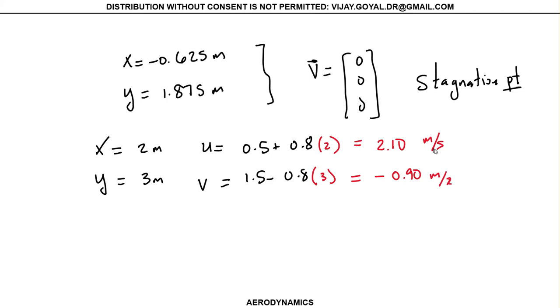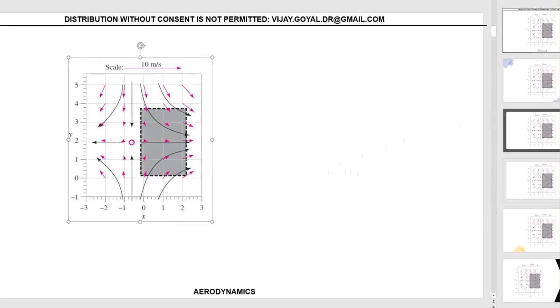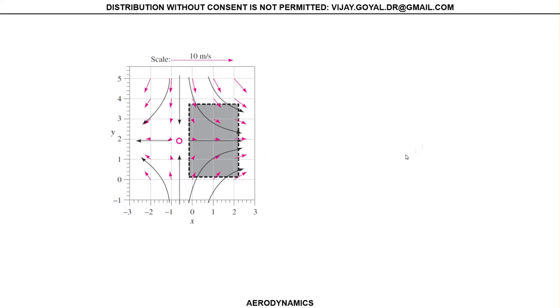What this is telling you is, if you were to plot this particular field and see what happens in the region we are talking about, where x is 2 and y is 3, we are talking about a velocity vector here.